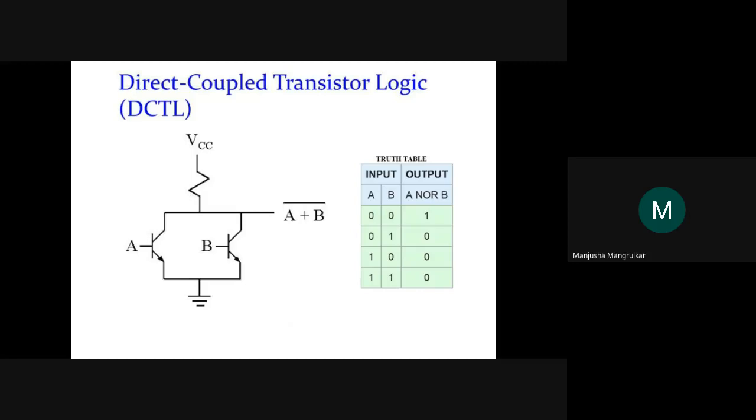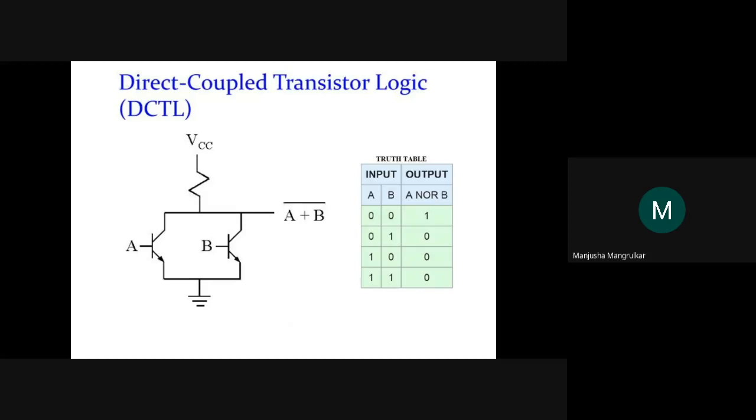When it is 1 0, this transistor is in the saturation region, this is in the cutoff region, this will open, but this will close, so your output is connected to the ground. When the condition is 1 1, both are in the saturation region and both transistors are closed, and the output is connected to the ground, right?